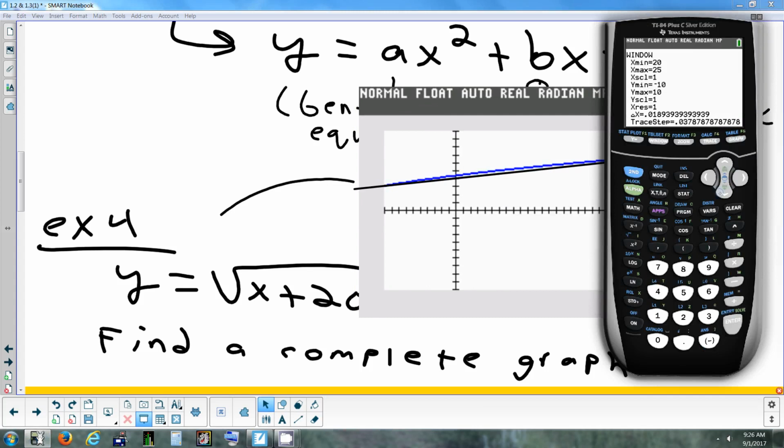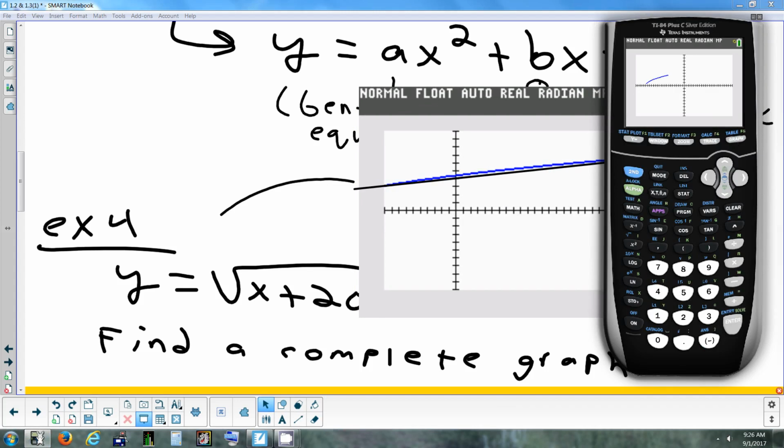So let's put that at negative 20. And now that's a good graph. I could even go a little more if you want to see further to the left, but there's nothing more to see.